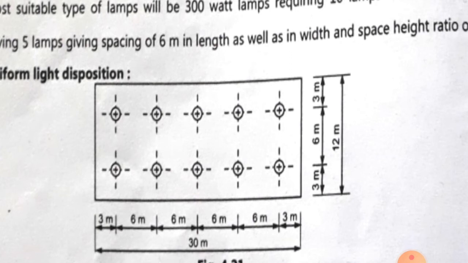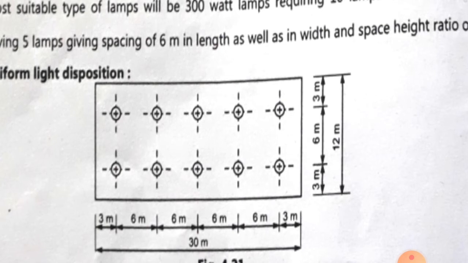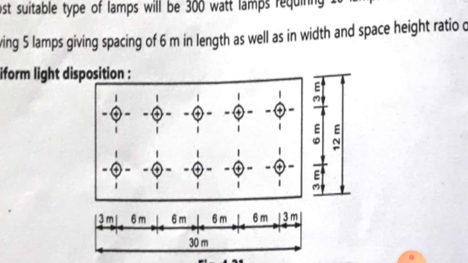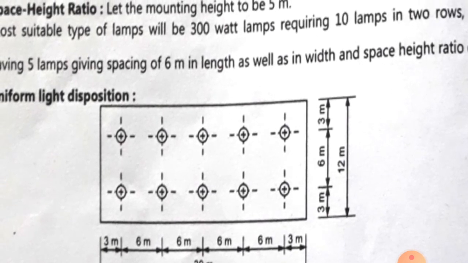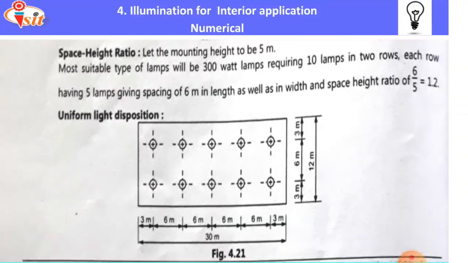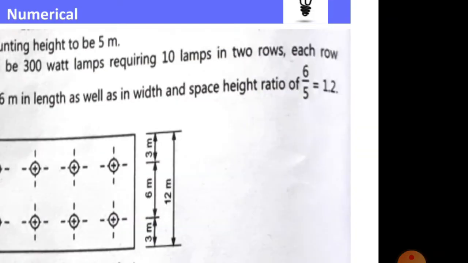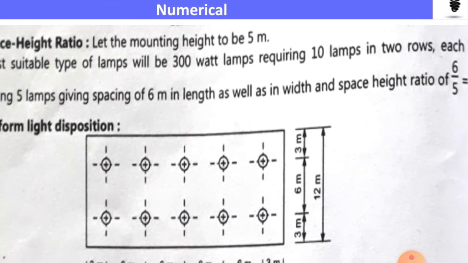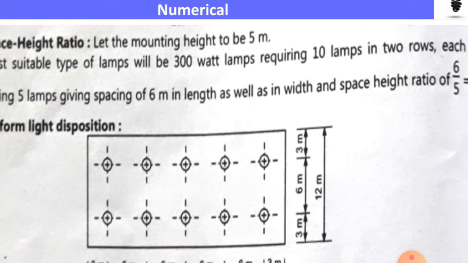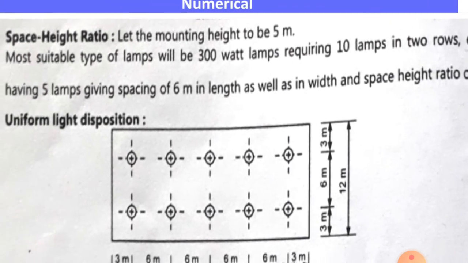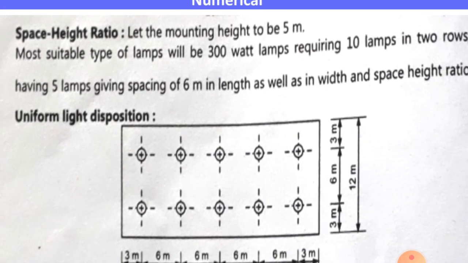The space maintained in between two lamps is 6 meter, and if we maintain the 6 meter space in between the lamps, then for the length side 5 number of lamps are used, and for the width side 2 number of lamps are used. Then 5 into 2, that is 10 lamps are used, which is perfectly suitable for the layout if we use 300 watt lamps, that is 5 lamps in each row.